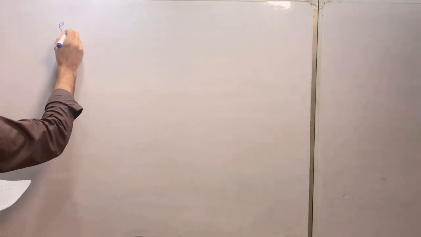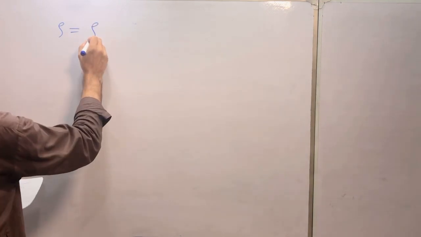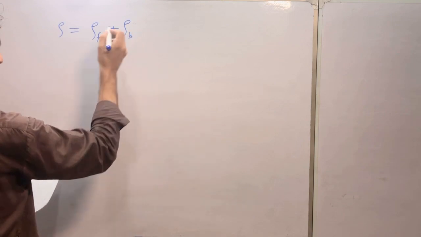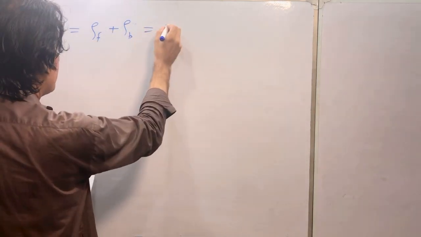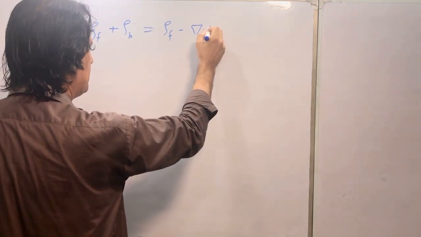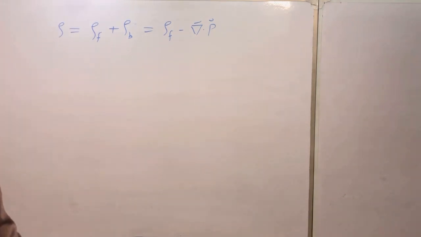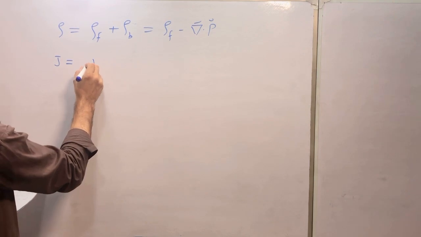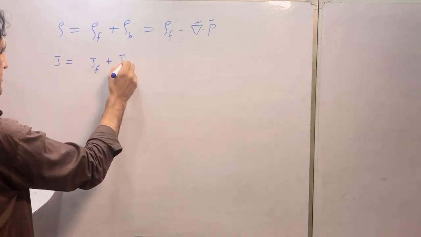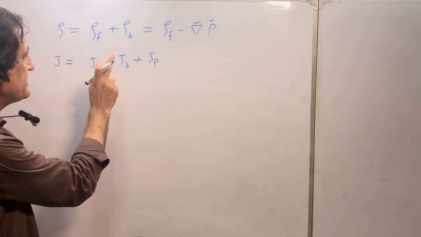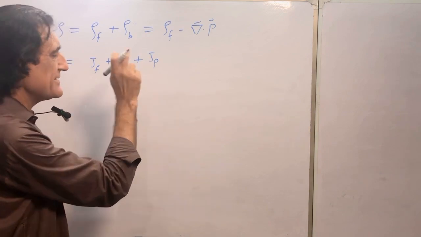From the above discussion, we can write the charge density. It must be equal to the free charge density plus the bound charge density, rho F minus divergence of P, and the current density must be equal to JF plus JB plus JP. This is the free current density, this is the bound current density, and this is the polarization current density.